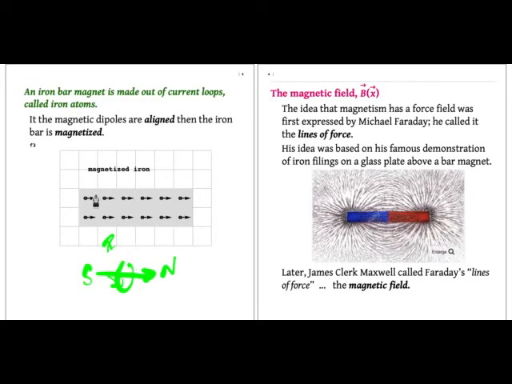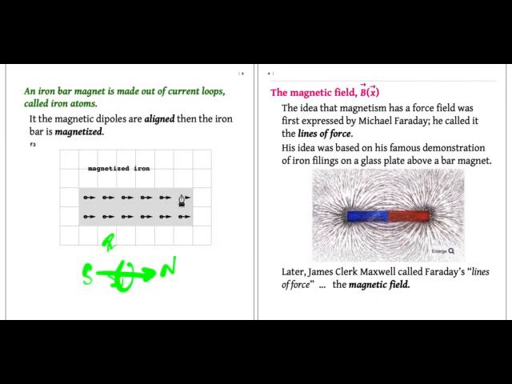Now, if the majority of the atoms in the bar magnet are pointing in the same direction, have the same polarity, that's what we call magnetized iron.